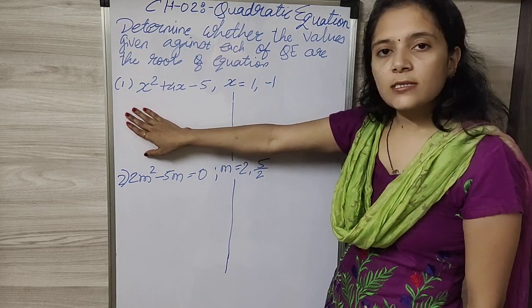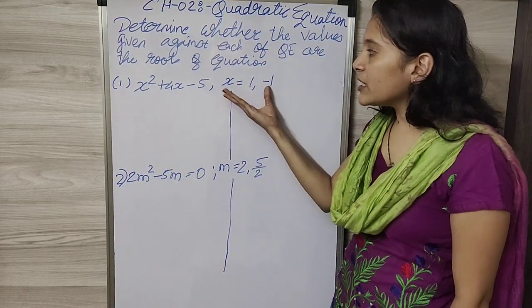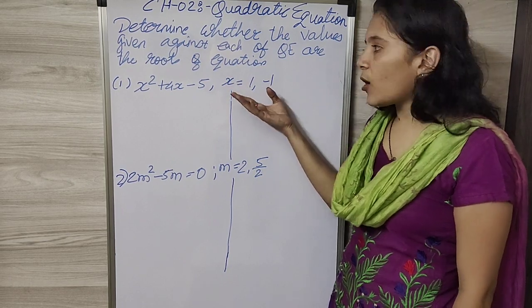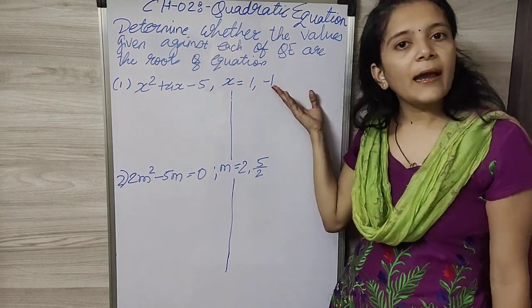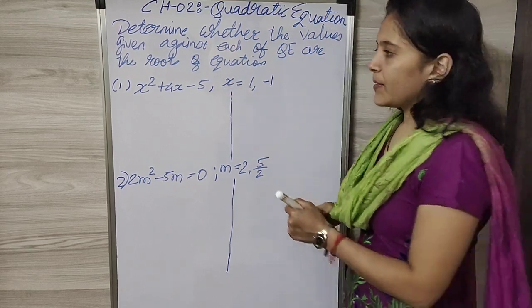The first sum is x square plus 4x minus 5, and the roots given are x equals 1 and x equals minus 1. First I am going to replace x with 1.